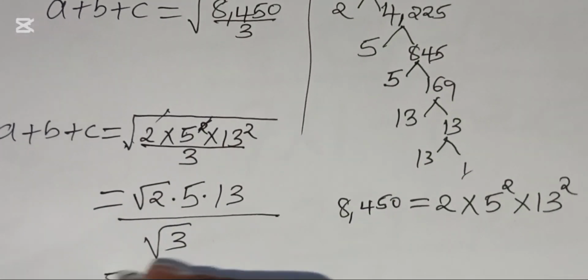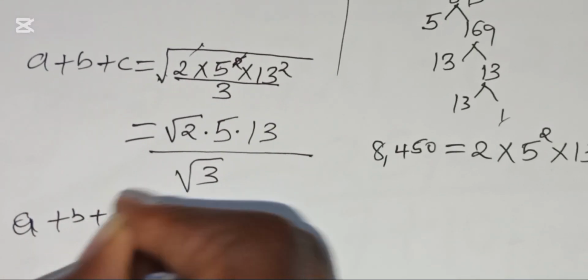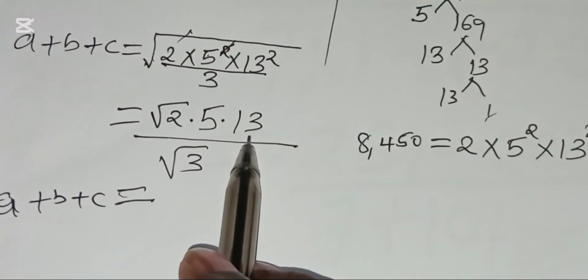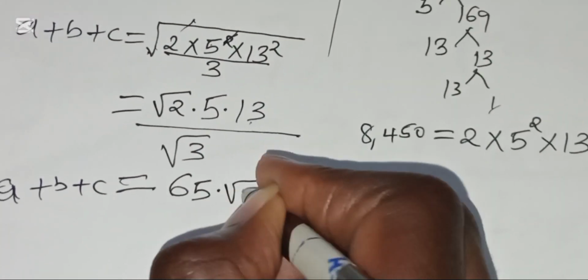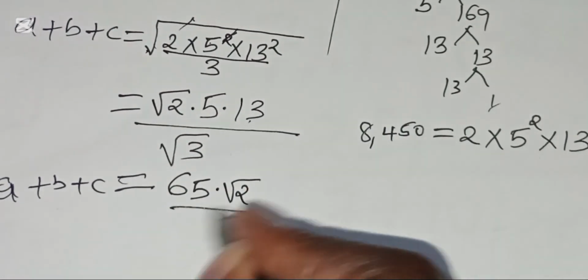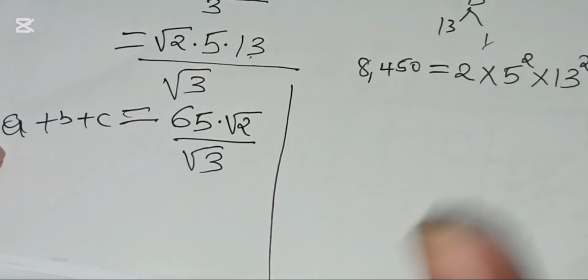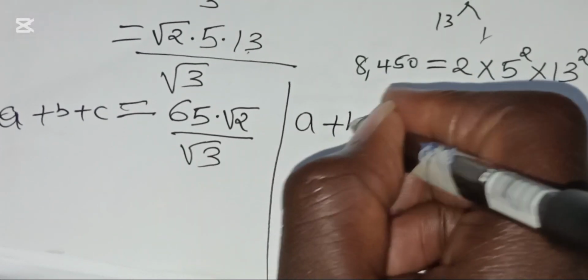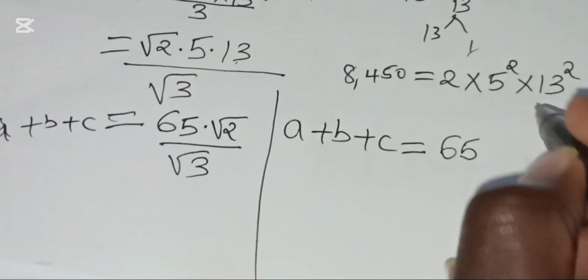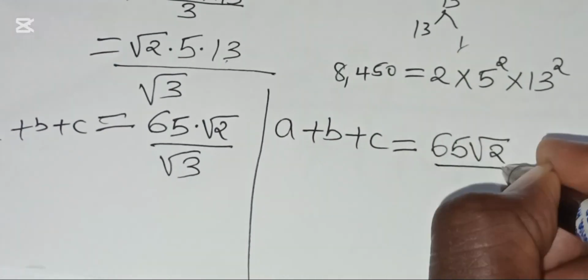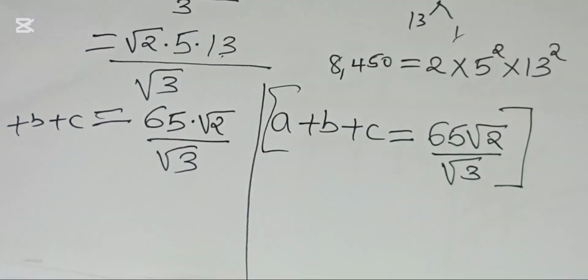Now from here we're going to have a plus b plus c equal to 13 times 5, which is equal to 65, multiplying by square root of 2, divide everything by square root of 3. So that confirms that the value of a plus b plus c is equal to 65 square root of 2 divided by square root of 3. This is the value of a plus b plus c.